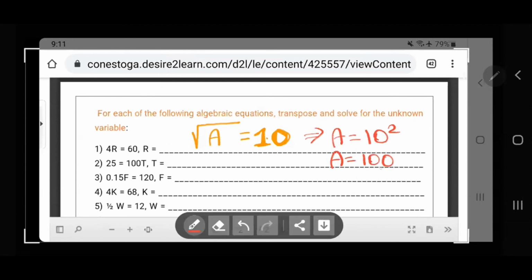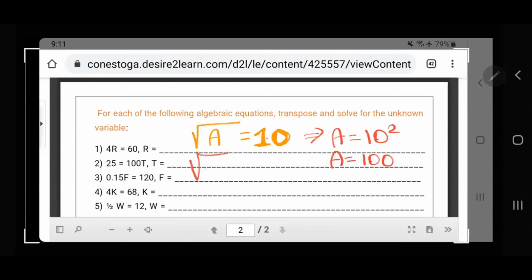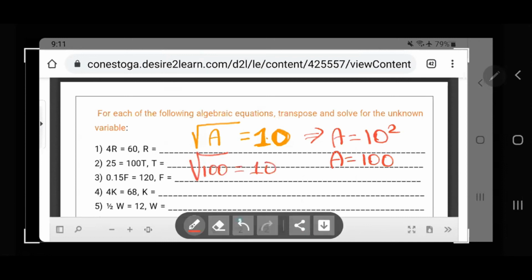When we substitute the 100 into the original formula, then we have that the square root of 100 is equal to 10. And those are pretty much the 6 different expressions that we will have to be able to transpose between.